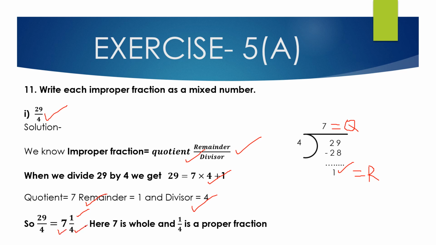The 7 is the whole and 1 divided by 4 is a proper fraction. So we get 29 divided by 4 equal to 7 1 divided by 4.